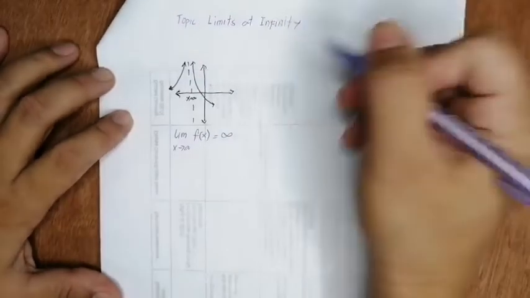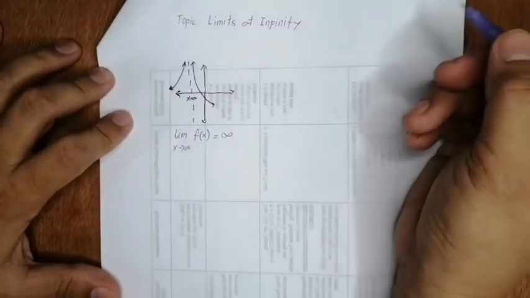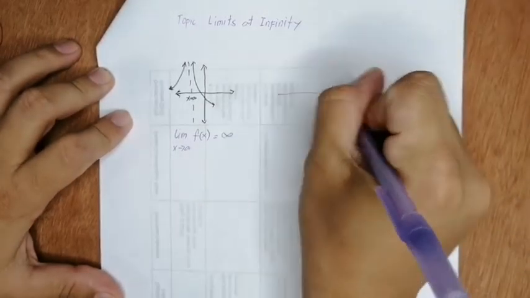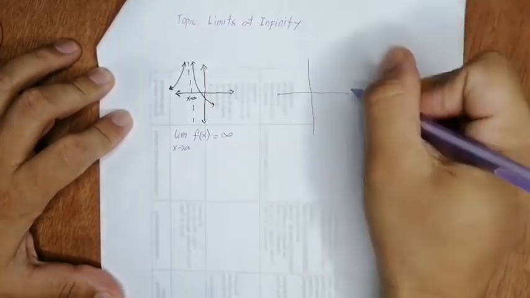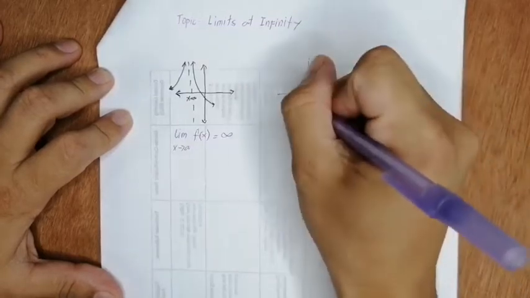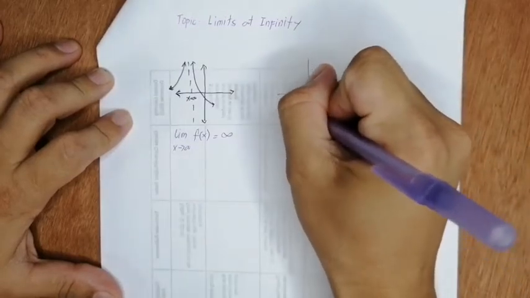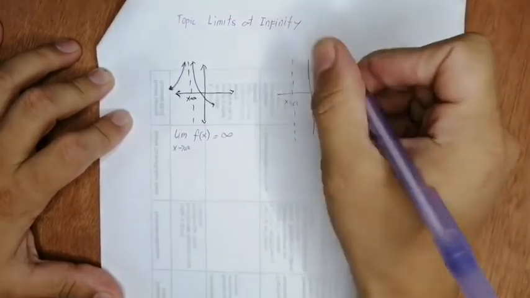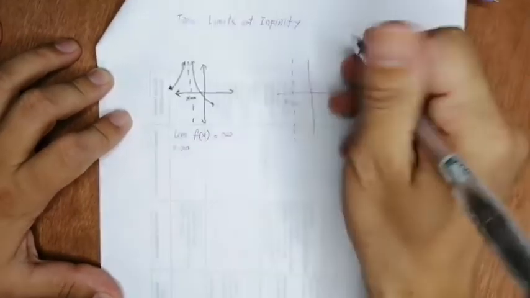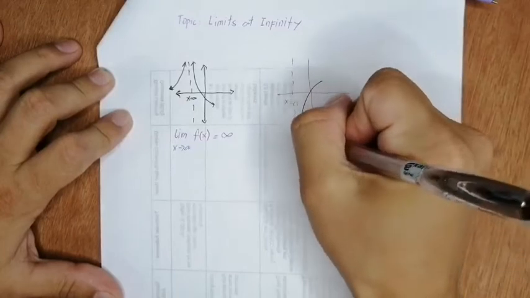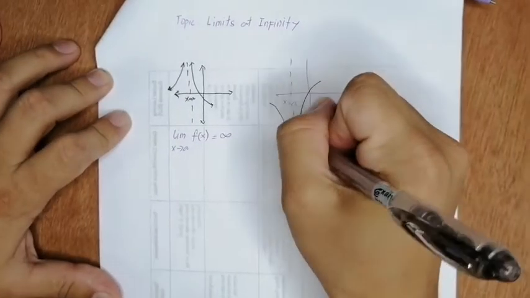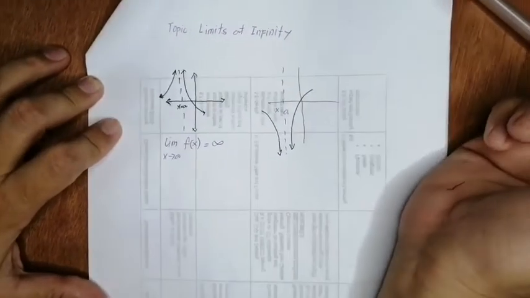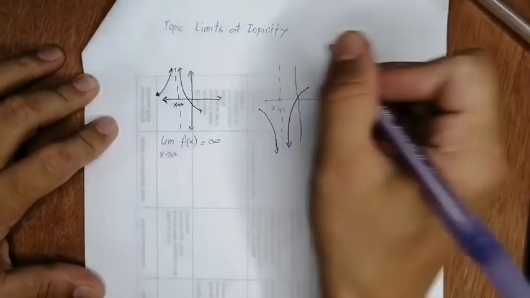Okay, so pag halimbawa meron naman tayong ganitong case, say this is our graph. Then this is our value of a. Let's say x is equal to a here again. Yan. Tapos, so let's say ang mangyayari naman, kasi ang graph natin ay papunta dito, both sa baba. So ganyan ang itsura. So anong masasabi natin?